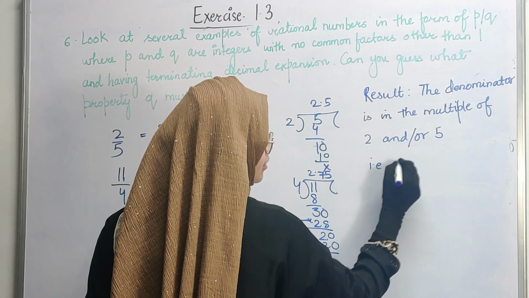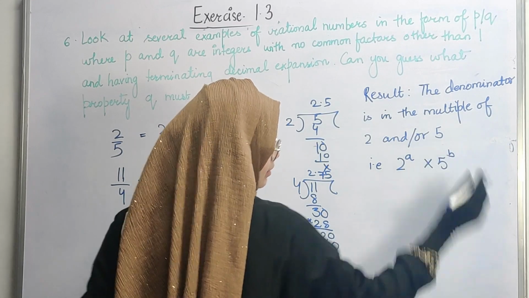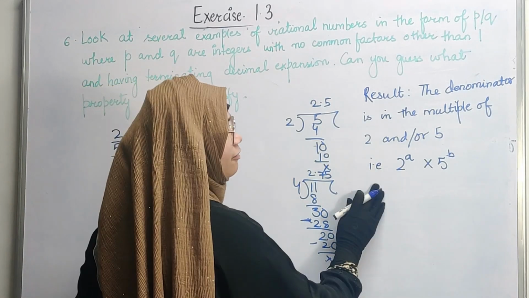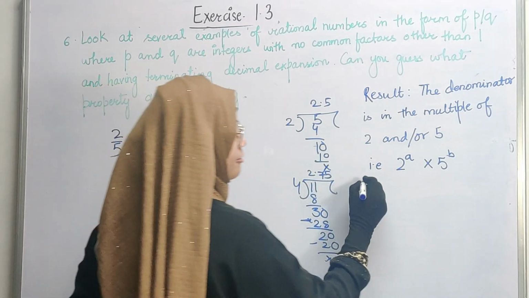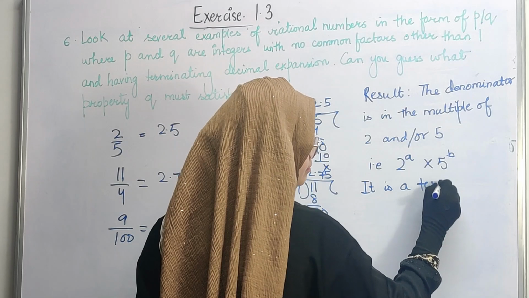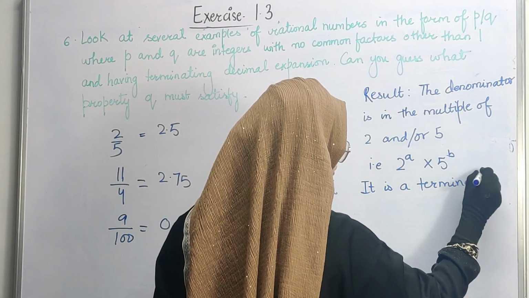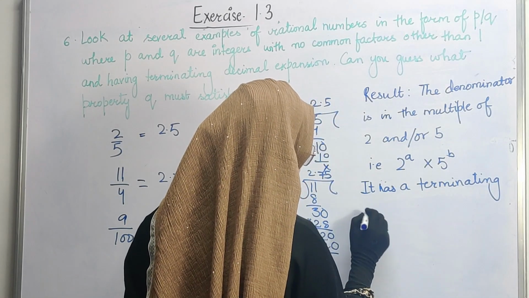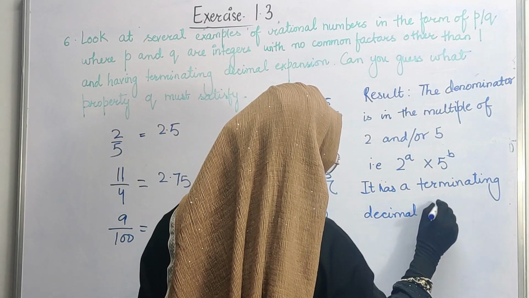That is 2 raised to the power a into 5 raised to the power b. Okay. If the denominator can satisfy this property, it is in the form of, it has a terminating decimal expansion.